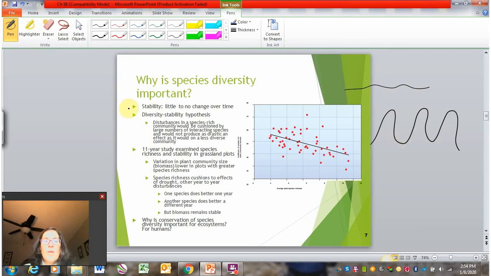And so the diversity stability hypothesis is that disturbances in a species-rich community are cushioned by large numbers of interacting species, and therefore would not produce as drastic an effect as it would on a less diverse community. So in other words, species diversity helps to stabilize communities.